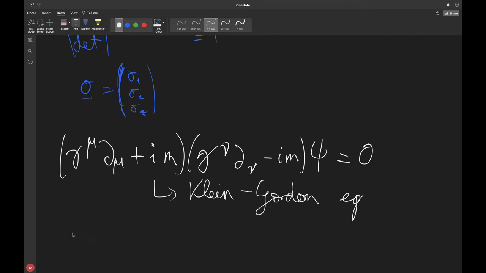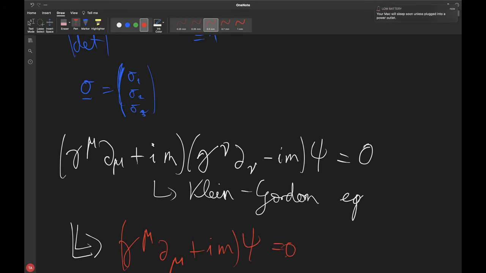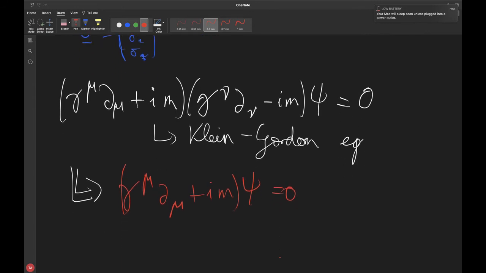So let's just say that the solution to this is that gamma mu del mu plus im acting on the psi is 0. And this is the Dirac equation. So you could ask what the psi is now.